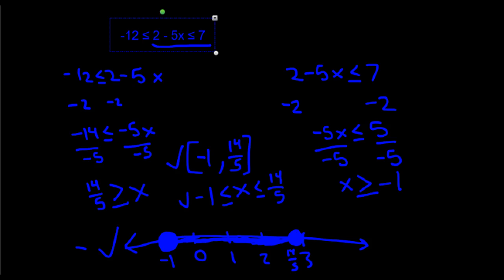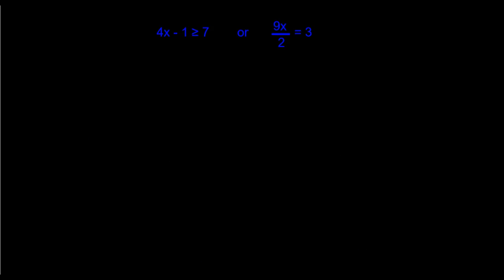Let's look at an OR type situation. So when we have an OR type situation, it'll actually have the letter or the word OR written in between them. So this happens less frequently in real life, but it does happen where somebody gives you an inequality constrained by ORs.